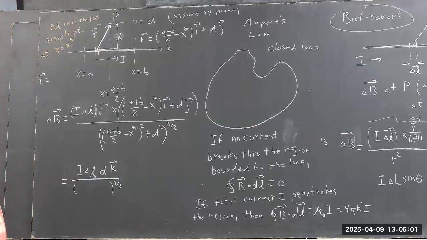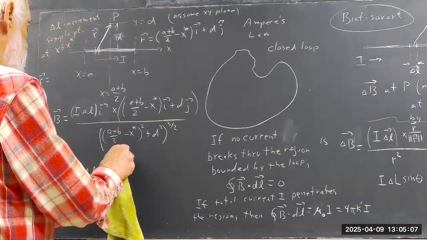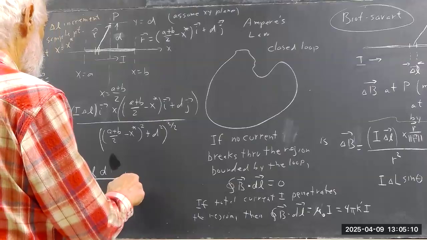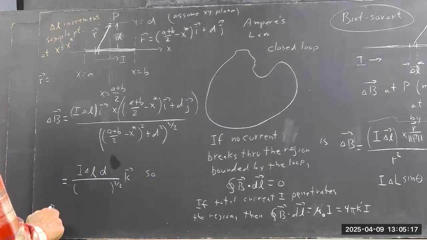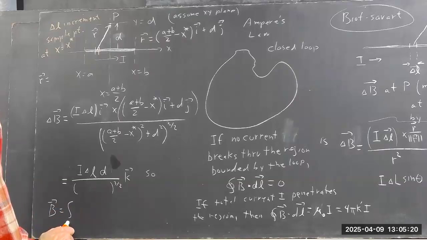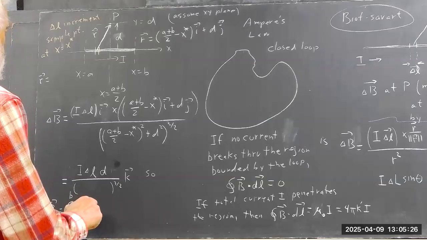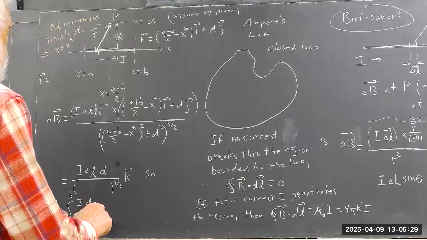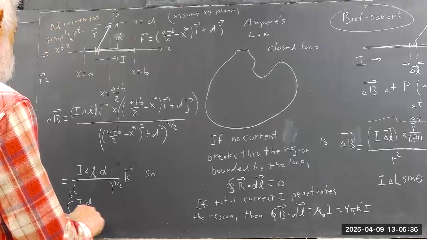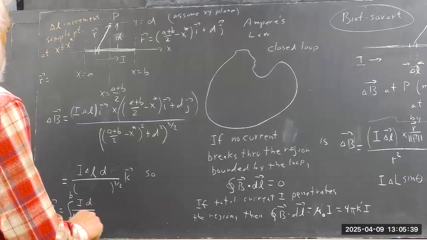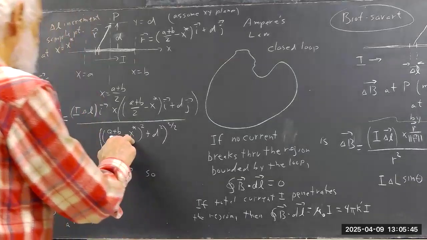So B is the integral from A to B of I D over this denominator squared, where I replace x star by x.